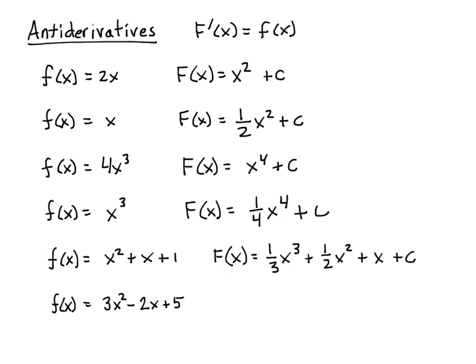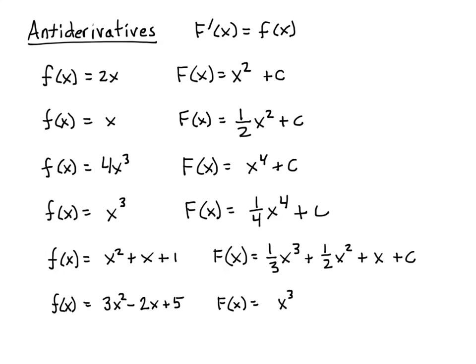Okay, so if we have something that has, let's say, arbitrary constants in front of it, we have to come up with the new coefficients that are going to make this work as an antiderivative. So on the first one, we expect of that 3x squared the degree to be 3, right? And if we take the derivative of x cubed, we get 3x squared. So that first term of the antiderivative is just going to be x cubed.